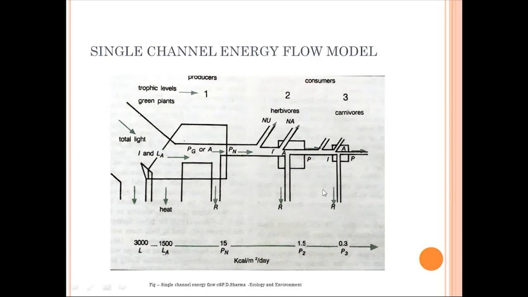Remember here, the shorter the food chain, the greater would be the available food energy. And with an increase in the food chain, there will be more loss of energy. So this is the single channel energy flow model.